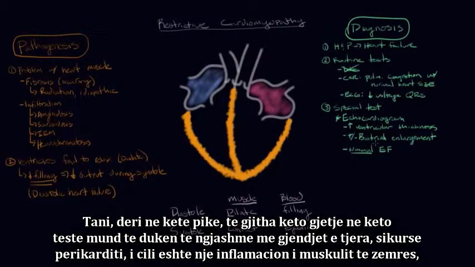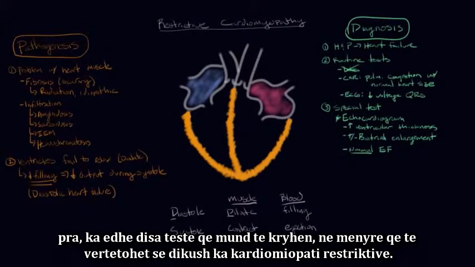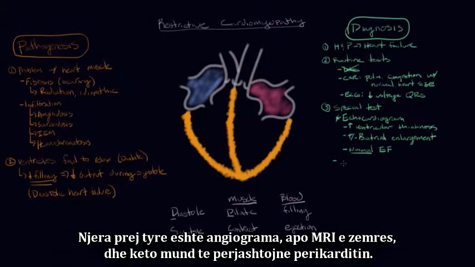Now at this point, all of these findings on these tests can look similar to other conditions like pericarditis, which is an inflammation of the heart muscle. So there's a couple other tests that can be performed to confirm that someone has restrictive cardiomyopathy. And these are things like an angiogram or a cardiac MRI, and these can rule out pericarditis.